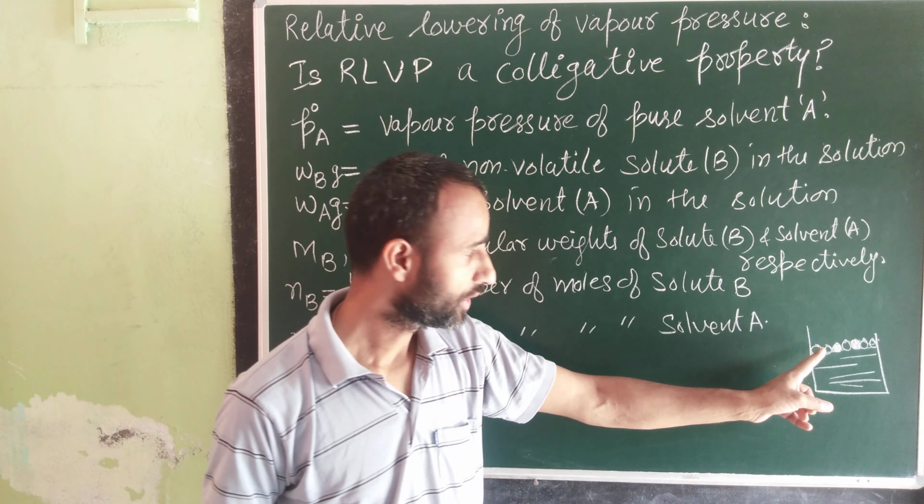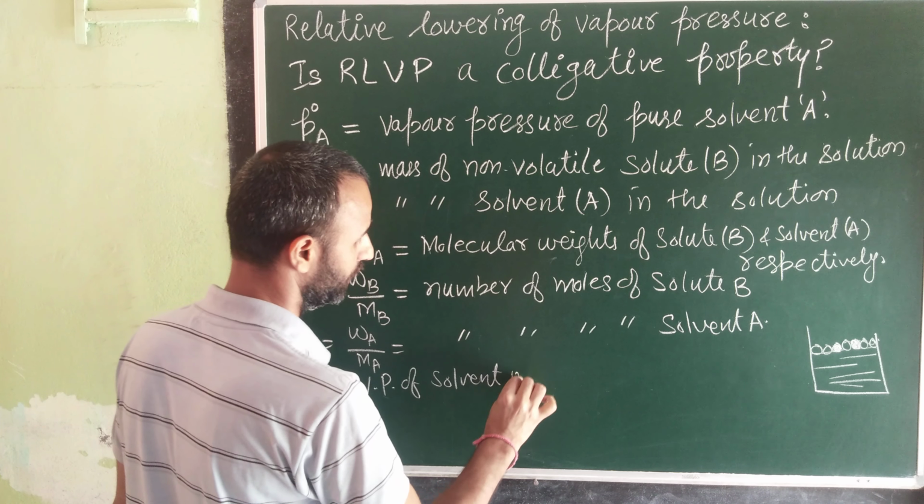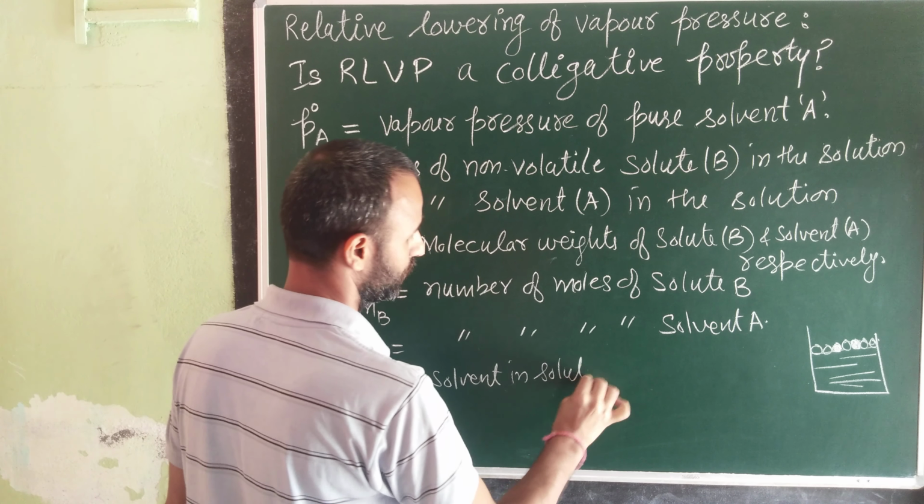That means surface occupied by the volatile components decreases. That's why vapor pressure decreases when we add non-volatile solute. That's why take PA as vapor pressure of solvent in solution.